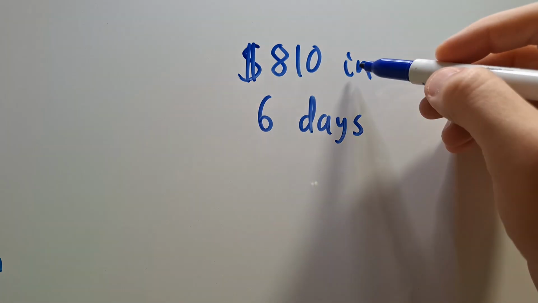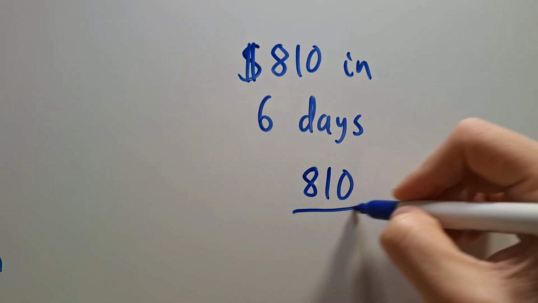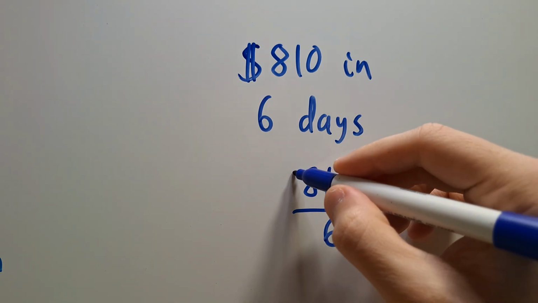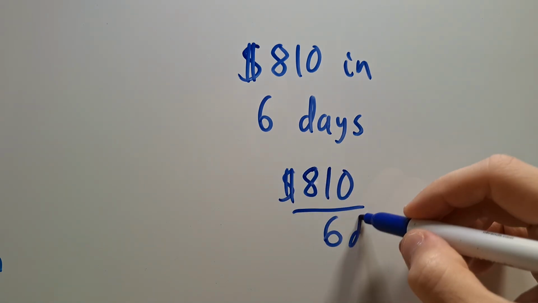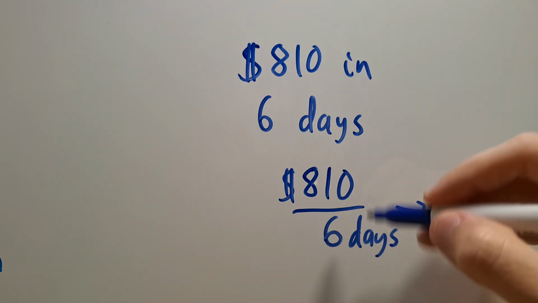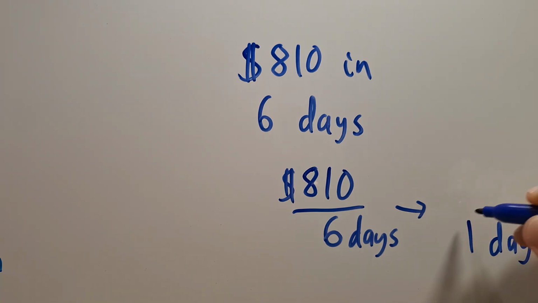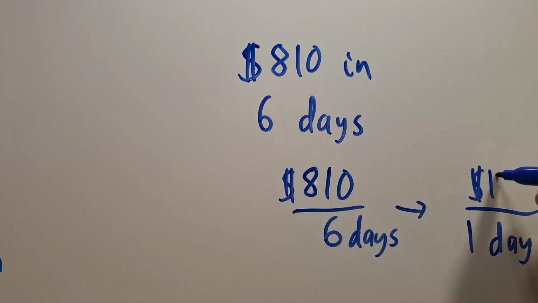So $810 in 6 days, if I write this in fraction form, getting my units in there first. So let's divide both these numbers by 6. Doing so will give me a denominator of 1, and my numerator will be 135.